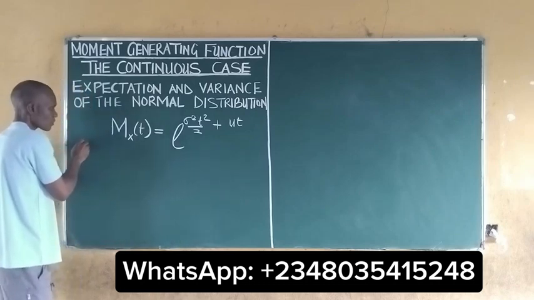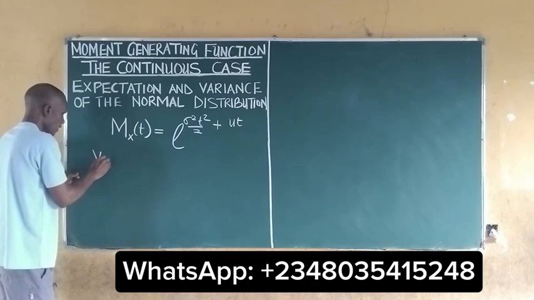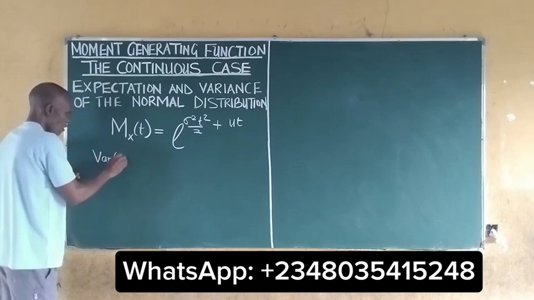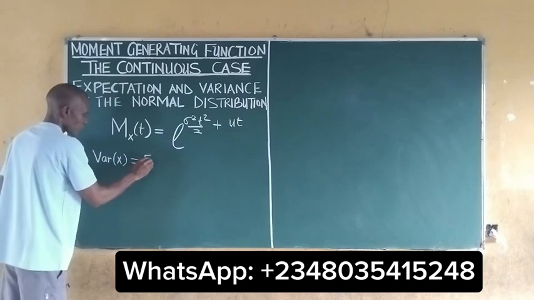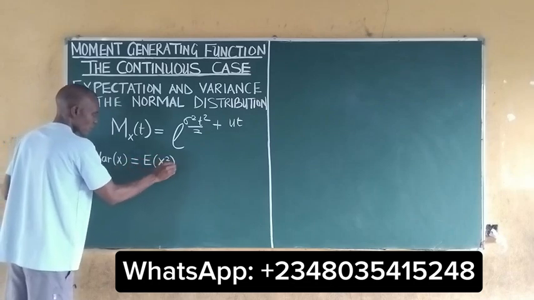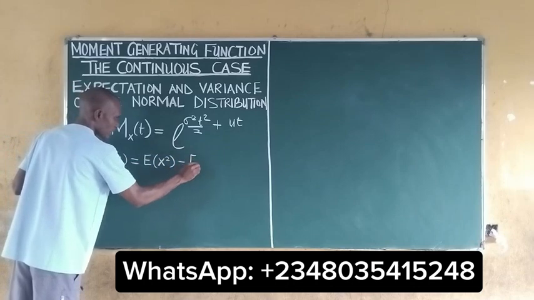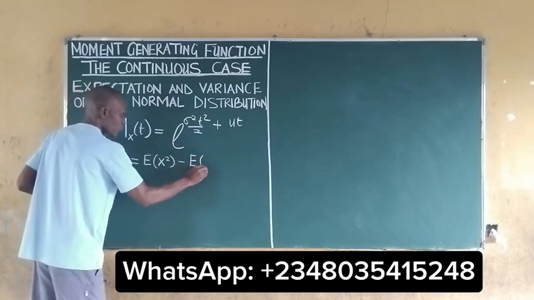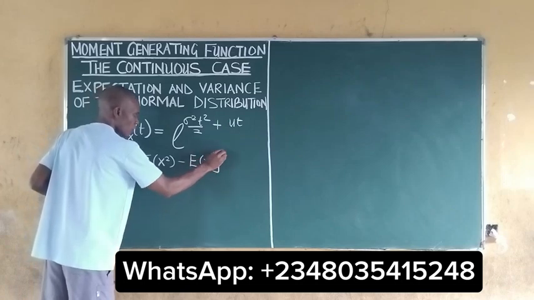Solution. We should remember that the variance of x is equal to the expected value of x squared minus the expected value, or expectation, of x all squared.